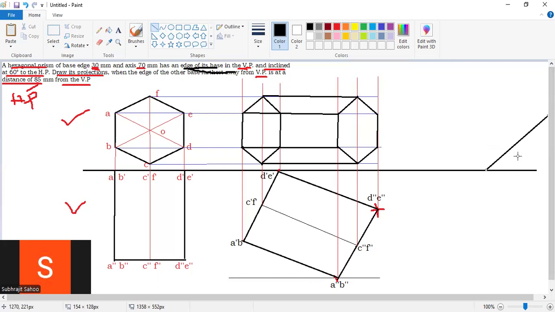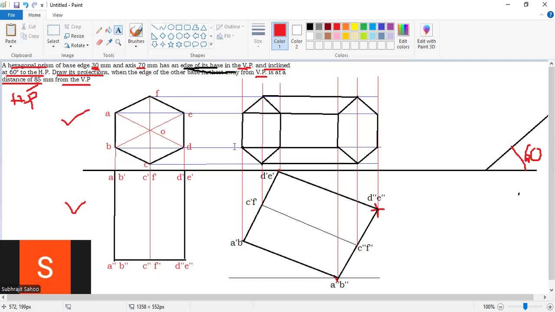What is the angle? This angle is 60°, this angle is 60°, right? Whatever, sir, give names. If you do not give names, it will create a lot of problems. So what is the name here?